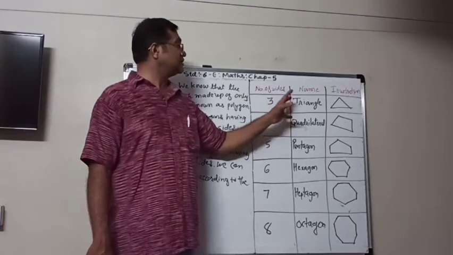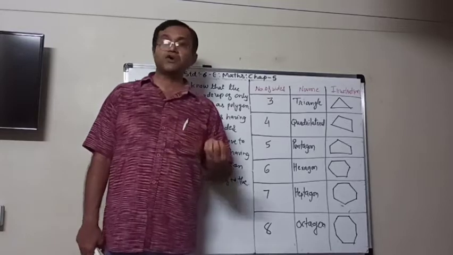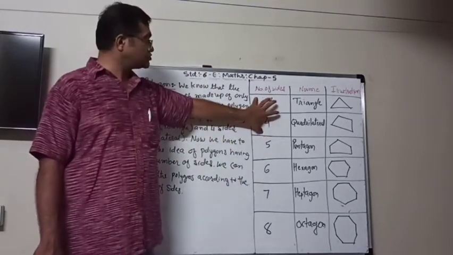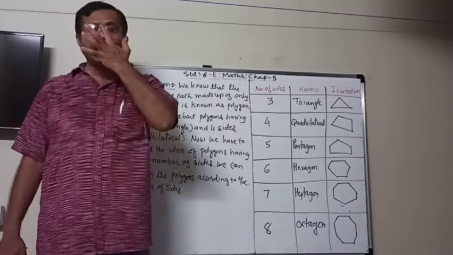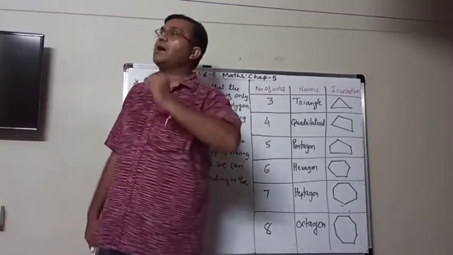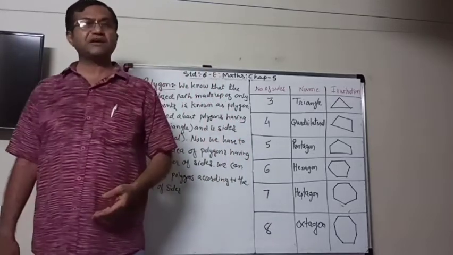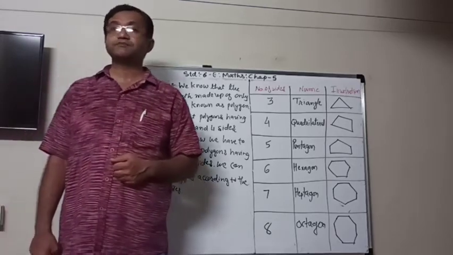So these are the different types of polygon according to the number of sides. Now, if you look around in your house or outside, you will see different types of polygons.